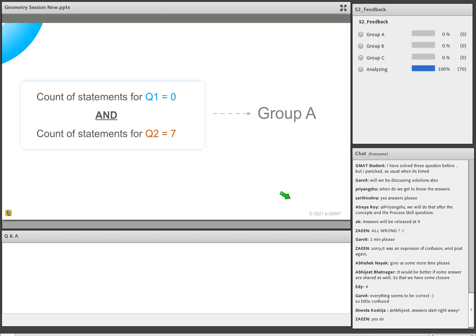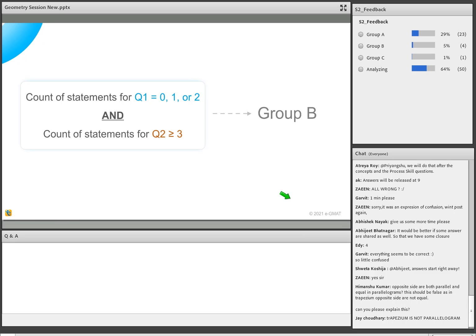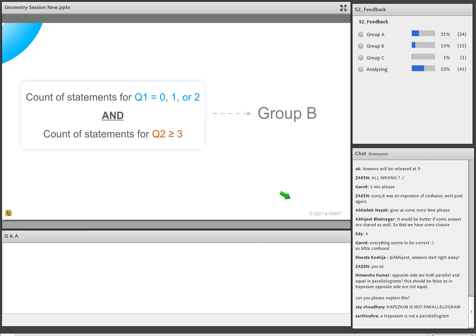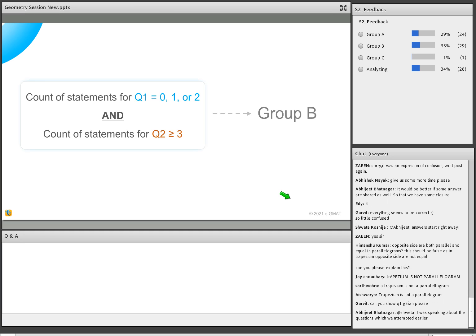So if you are someone who had not marked any of the 7 statements for question number 1 and had marked all the 7 statements for question number 2, please select group A. Anyone who had not marked any in the first question, all in the second question, please mark group A. For any student who had marked 0, 1, or 2 statements in the first question and either 3 or greater than 3 in the second question, please mark group B. Let's get the votes for group B, please.